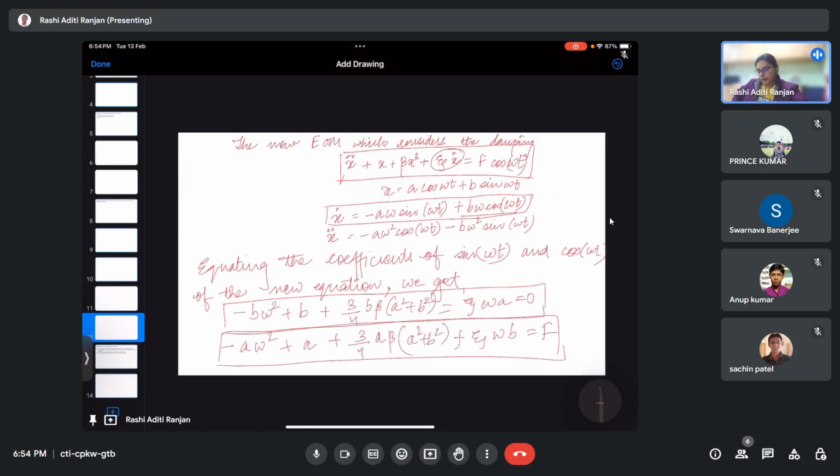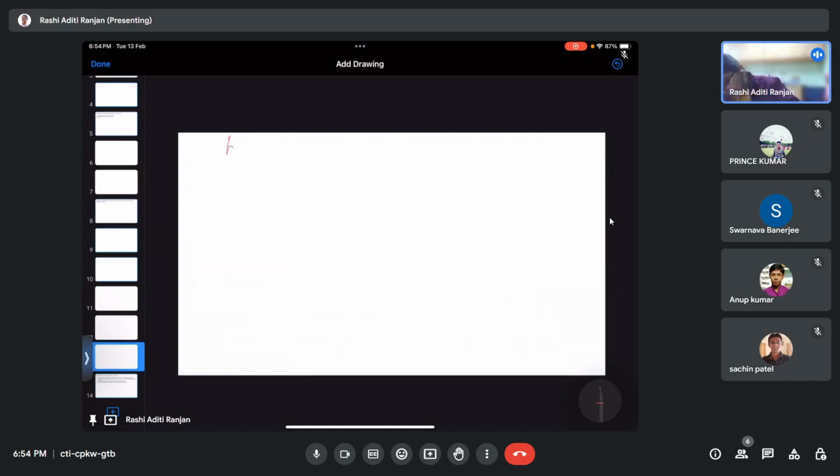Okay, now I'll again take a and b common and I'll try to write it like I did in the previous case. Maybe I'll get some solution. So I have b common and then I have 1 minus omega square plus 3 by 4 beta a square plus b square, and then I have minus epsilon omega a is equals to 0.